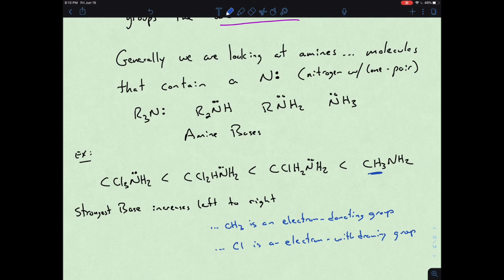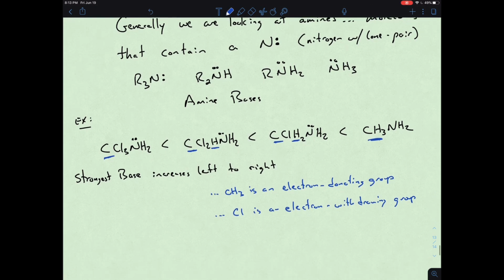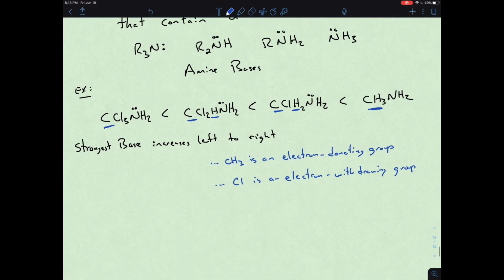So you can see as you go from CH3 to maybe CH2, to then just CH, to then just carbon, we have the addition of more and more electron withdrawing groups, which makes the base weaker and weaker and weaker.